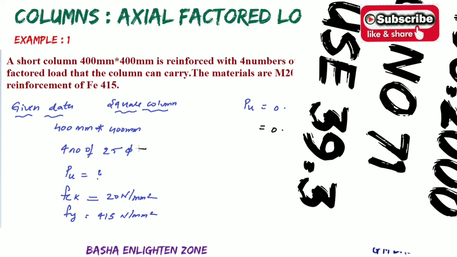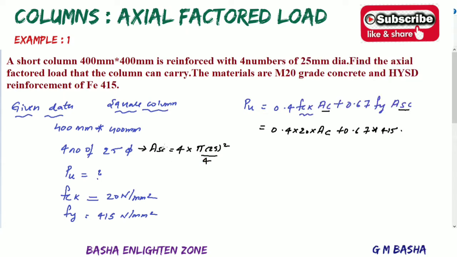Therefore your area of the steel will be 4 bars, that is n into pi d square by 4, 4 into pi d square by 4.